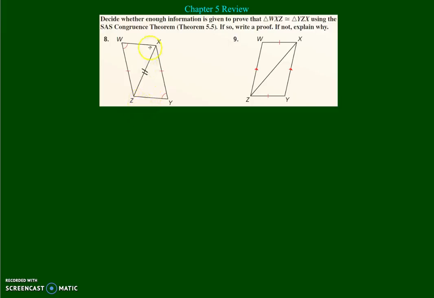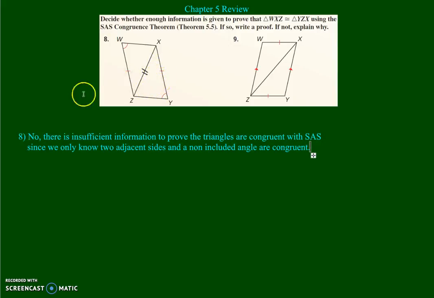But this only gives us a side and an angle. And as we learned in the chapter, that is not a theorem of congruence, and it is especially not the side-angle-side theorem. So our answer to number 8 is that no, there is not enough information to show that triangle WXZ is congruent to triangle YZX by the side-angle-side theorem.